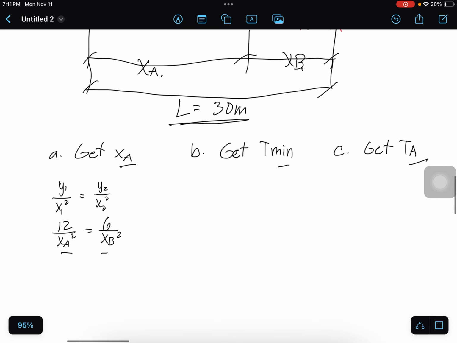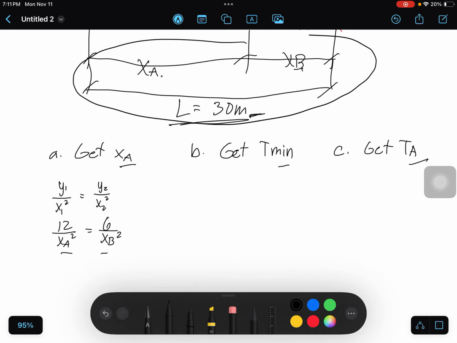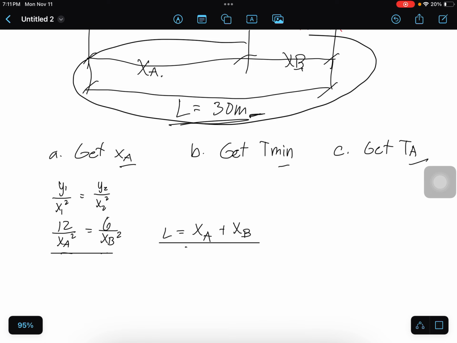Pero, kung titingnan mo ito, given yung L, 30. We can write this equation, length is equal kapag pinag-add mo yung dalawa. So, may another equation tayong ganito. We have two equations and two unknowns. This is solvable.